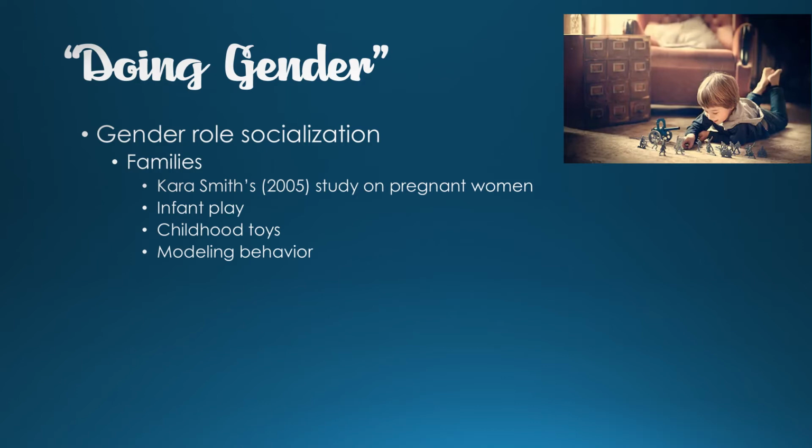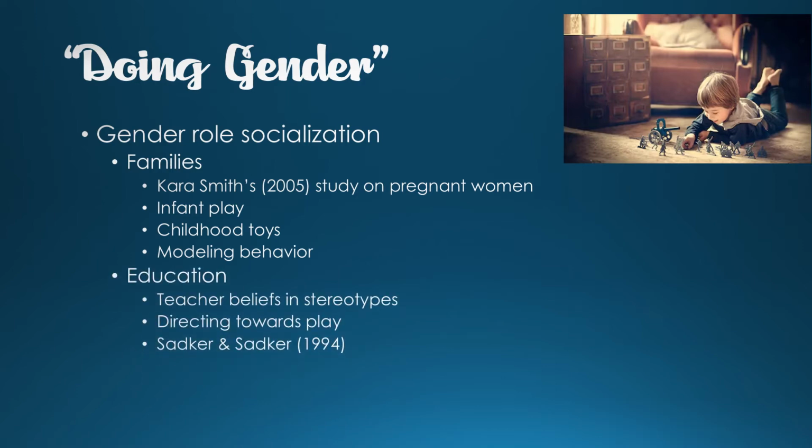And also modeling behavior. We often model what it means to be a boy versus what it means to be a girl within our families. The image on the slide is a little boy playing with soldiers. Oftentimes these are the types of toys that boys are given, and that teaches boys this is a boy's role, as opposed to a girl who is often given a Barbie doll or a baby doll or a house.